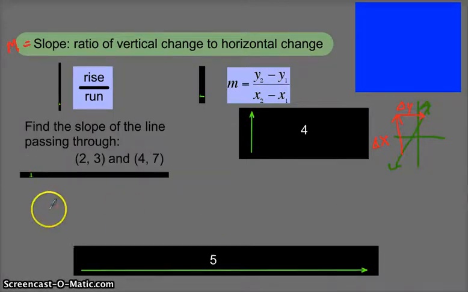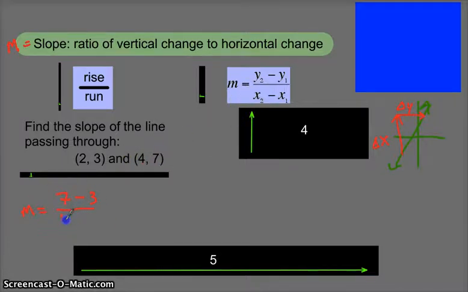So if you were given 2 points, the basic idea is we're going to take our y values on the top. So I'm going to take this 7, consider that to be y2, and subtract off this 3 being y1. On the bottom, because 7 was y2, I'm going to use 4 as x2.